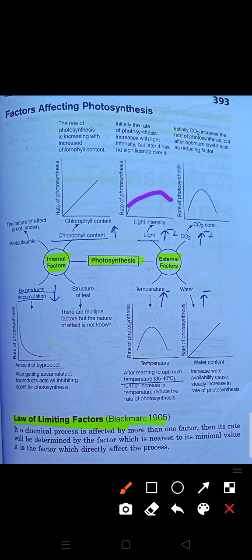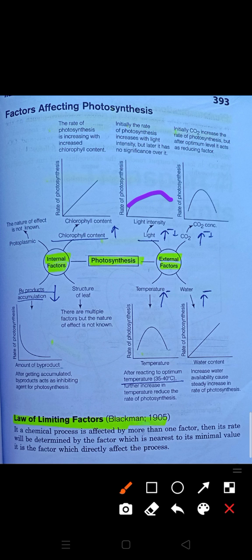So it means that initially the rate of photosynthesis increases with light intensity, but later it has no significance over it. बाद में उस लाइट का कोई भी इफेक्ट नहीं पड़ता है. अगर लाइट तेज होती जाए तब भी वो फोटोसिंथेसिस पे कोई इफेक्ट नहीं डालता है. ओके, so it is interesting to note down that light saturation occurs at 10% of the full sunlight.